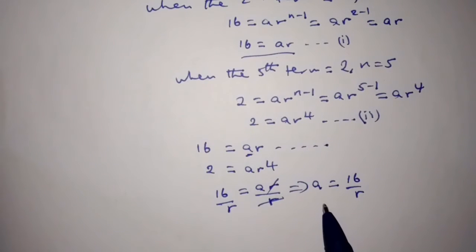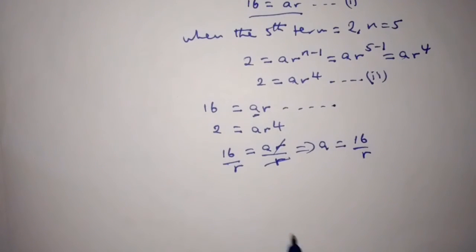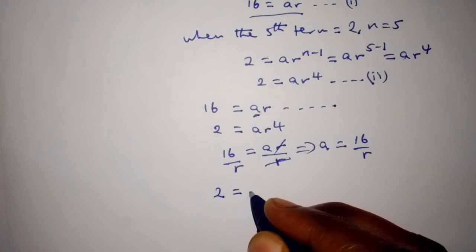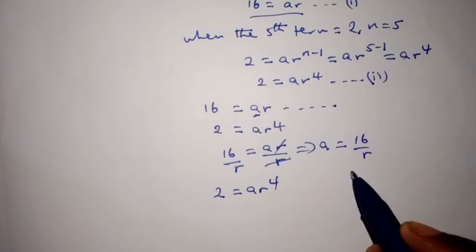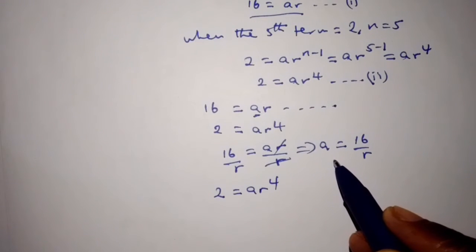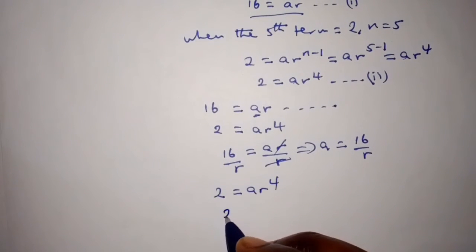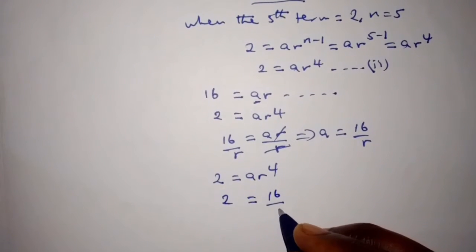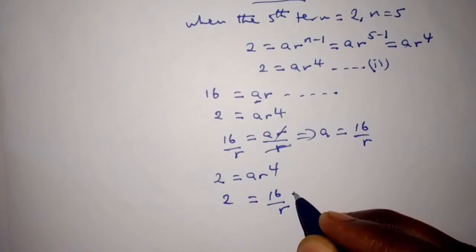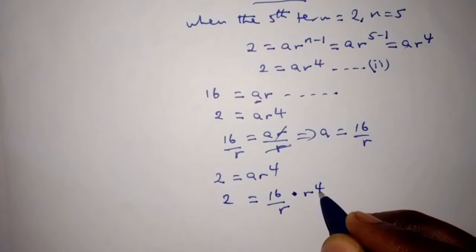Now we can substitute a in the second equation. We can say that 2 is equal to a r power 4, and now we have found a to be 16 over r. So we can say that 2 is equal to 16 over r times r power 4.